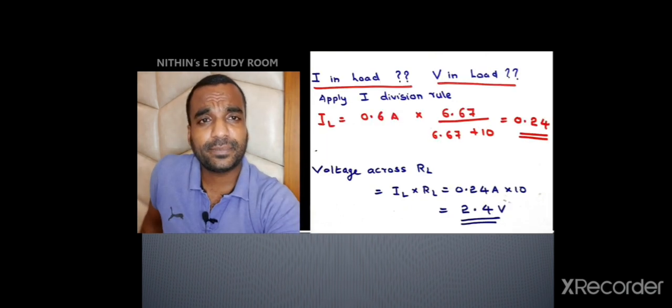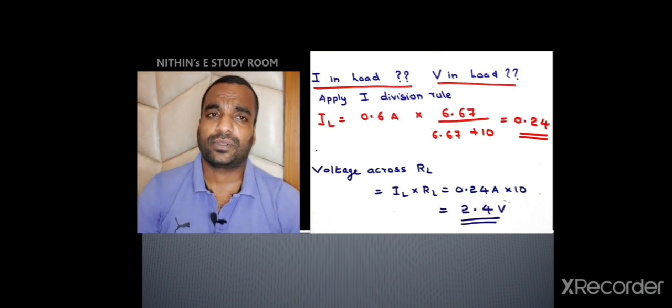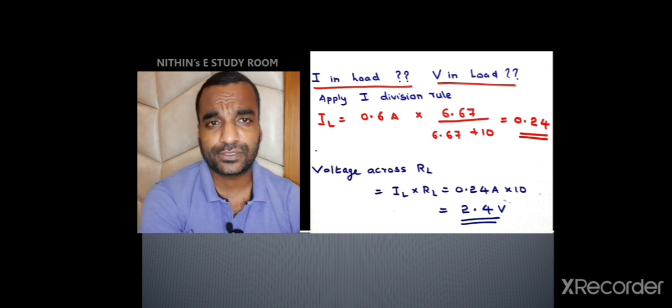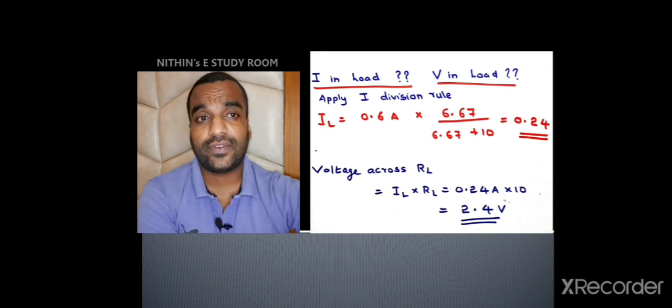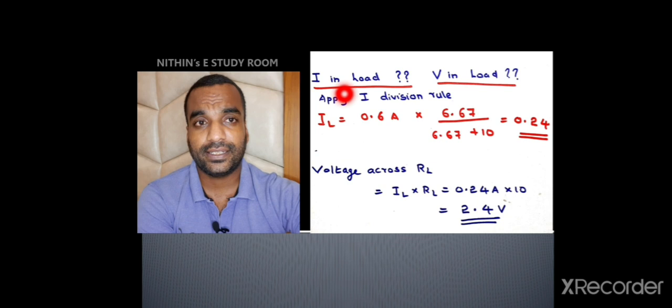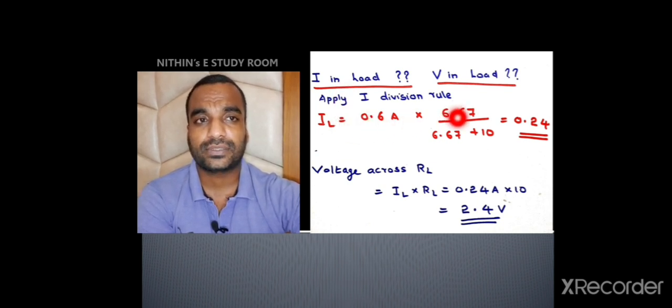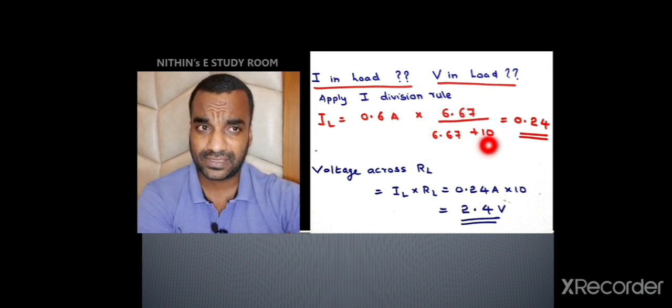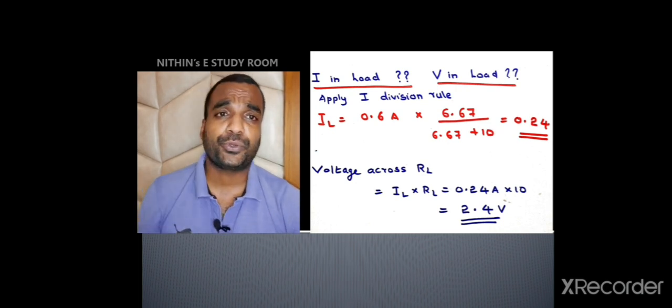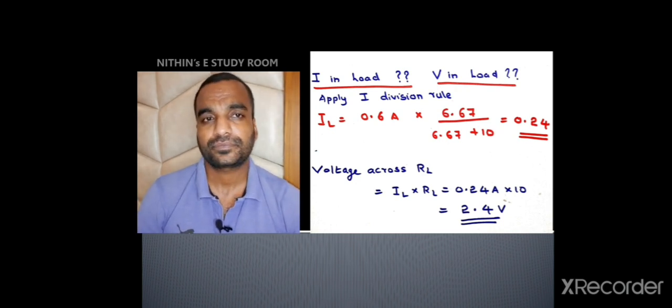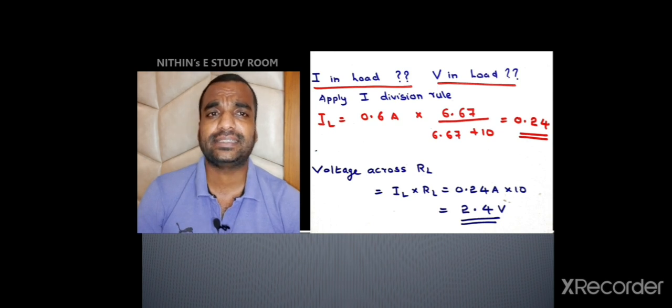It is nothing but current division rule. Main current into resistance of opposite branch divided by total resistance. So IL is equal to main current, the 0.6 ampere, into resistance of opposite branch 6.67 divided by total resistance 6.67 plus 10, that is equal to 0.24 ampere. 0.24 ampere is the current passing through the load.